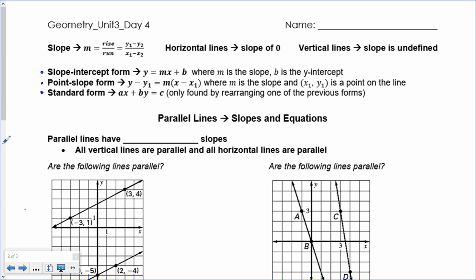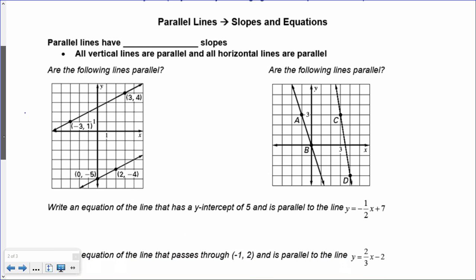You have x1 and y1 go into these positions within the equation. And then standard form, you can only find that if you have one of these 2 first, and you rearrange the terms. But you guys aren't going to be needing to worry about that very often. You may be given an equation in standard form, you need to kind of move it around, but you'll never be asked to write it in standard form. And I'll show you what I mean when we get to that.